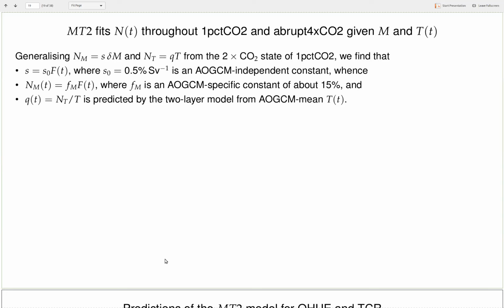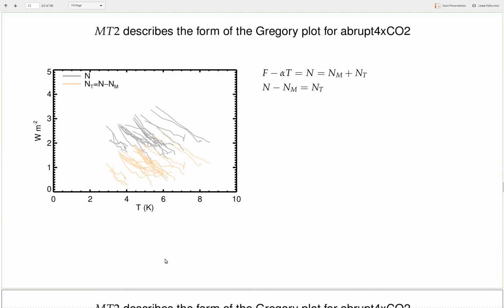It can be predicted by a two-layer model with AOGCM-independent parameters, given the AOGCMs all have a fairly similar temperature profile. So if you take the AOGCM mean temperature profile in 1% CO2, you can predict what this Q will do. Okay, so let me skip the other consequences and go on to the conclusions.